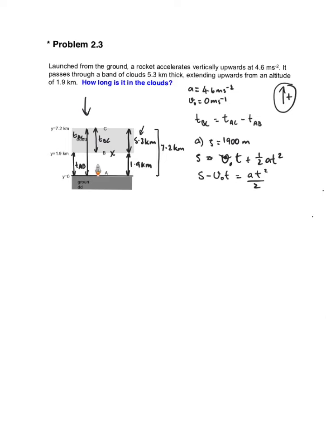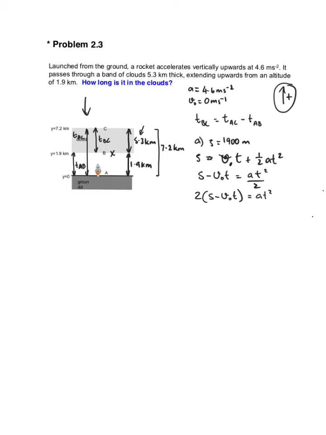All I've done is subtract V naught T from both sides, because I want to get T by itself on one side. Then I can multiply by 2 on both sides, so I get 2S minus 2 V naught T equals A T squared.